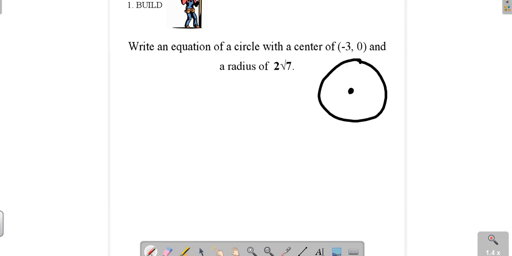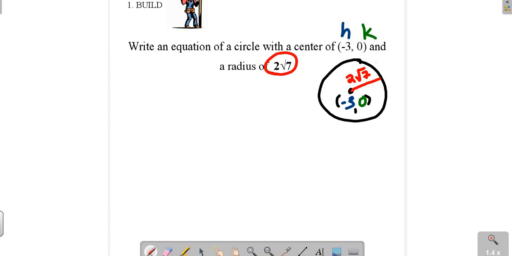The center, which is the h and the k, is going to be -3, 0. That's our h, k. And our radius is 2 root 7.